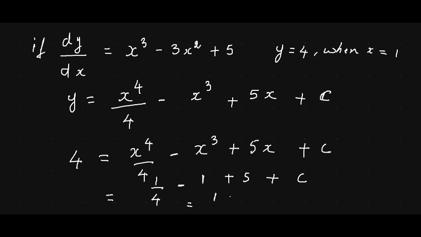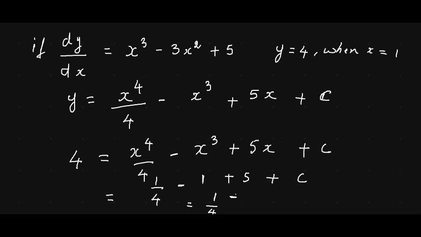So you have the minus 1 plus 5, correct? It's minus 1 plus 5. So 1 by 4.